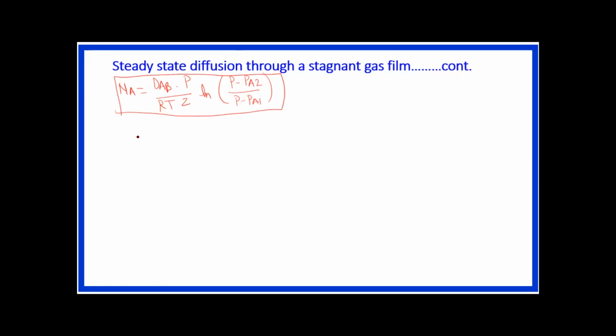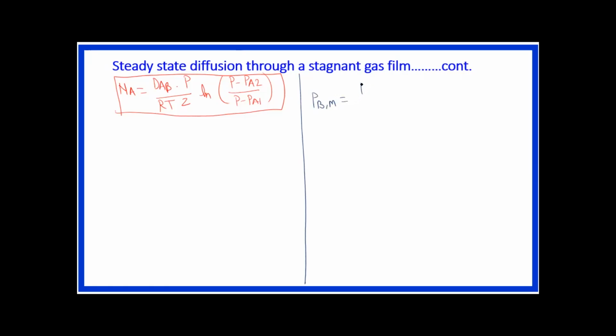So this equation can also be written in terms of logarithmic mean of the partial pressures. So for that purpose, we must know the relationship between these partial pressures, total pressures, and what exactly the logarithmic mean means. So for that purpose, I'm going to write what the relationships are. So the logarithmic mean, that is for partial pressure, is PBM.